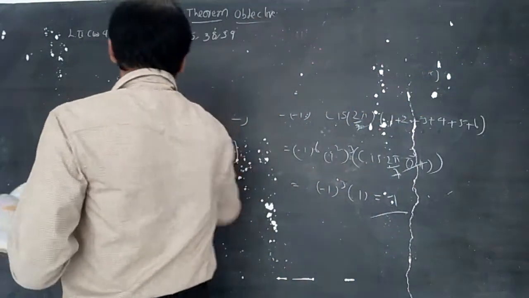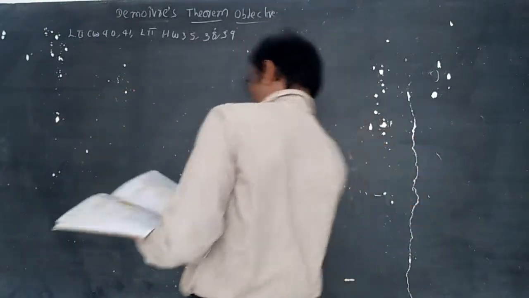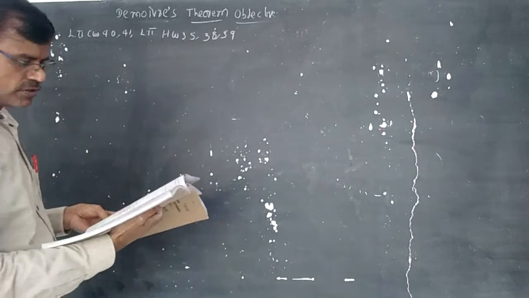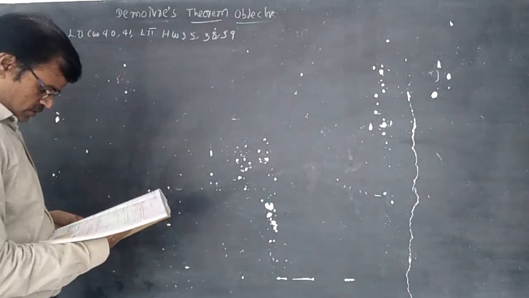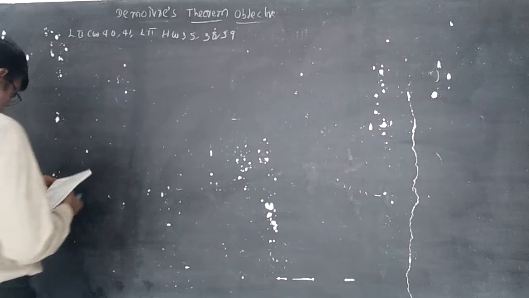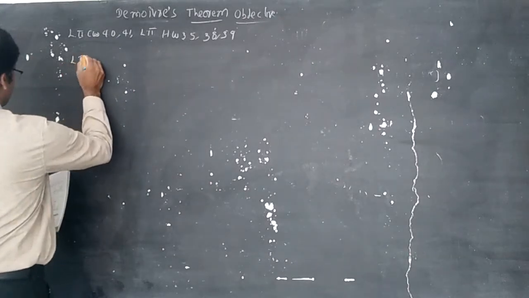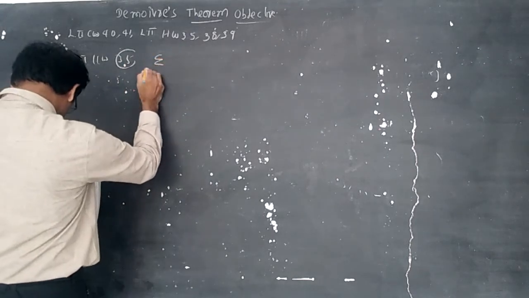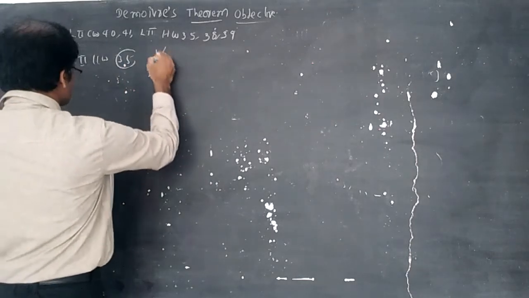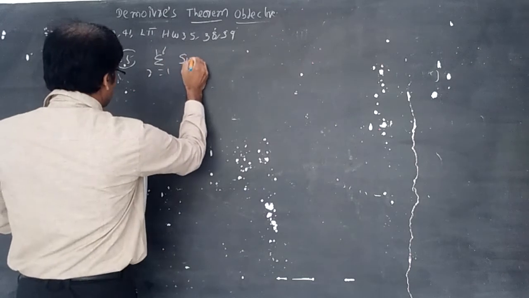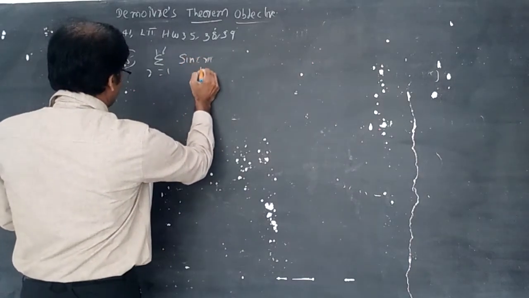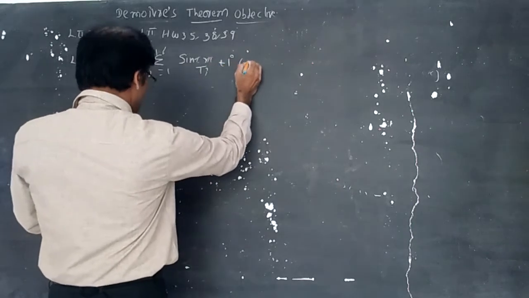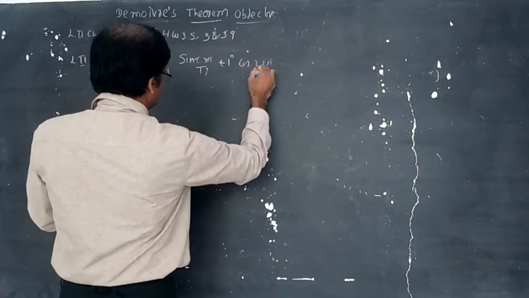Level 2 homework: 35, 38, 39. Question 35: the sum for r equals 1 to 16 of sin(2rπ/17) plus i cos(2rπ/17).